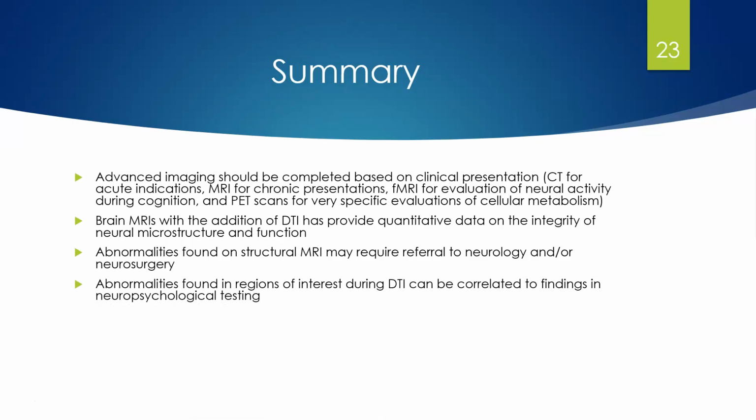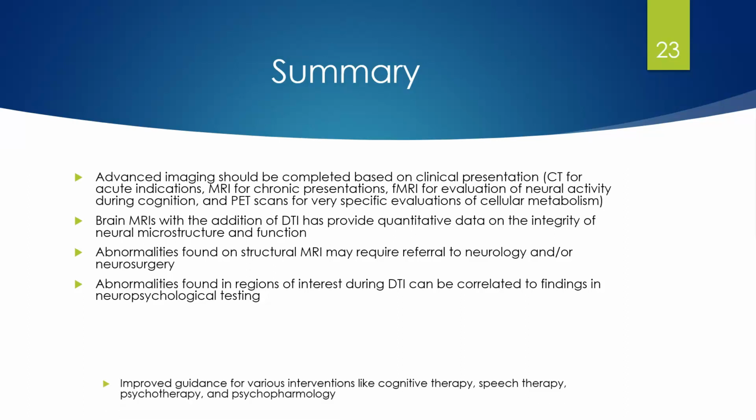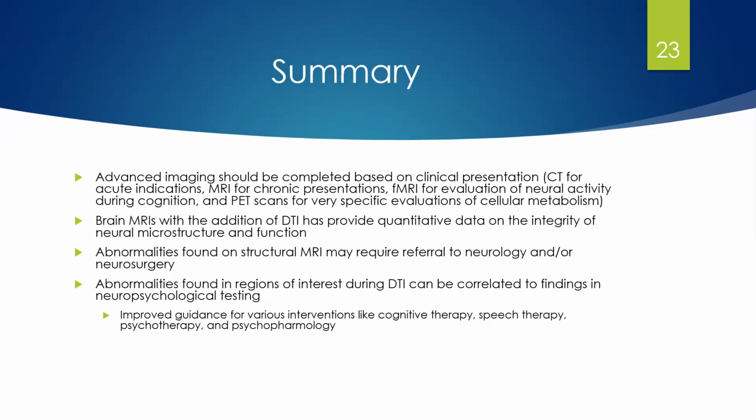If we're finding abnormalities in regions of interest during DTI, we have to obviously correlate these things with really quality findings and testing that we would get from, say, neuropsychology, so we can really go and see: does this need cognitive therapy, or is this going to benefit from cognitive therapy, or general speech therapy? Is it something like psychotherapy, where it's going to have to be working through coping mechanisms and mood control and things like that?